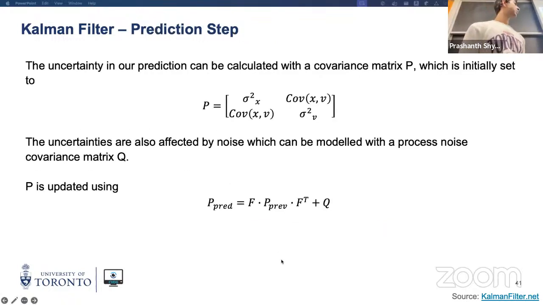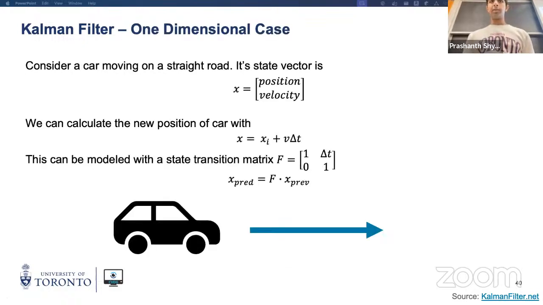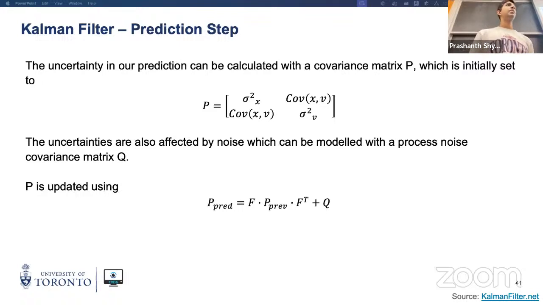Okay, so this works all well. The issue is the Kalman filter doesn't give a prediction by itself. It tries to predict a particular variable as a point from a distribution, a PDF. So when we have a PDF, we also need to worry about how uncertain we are of our prediction.